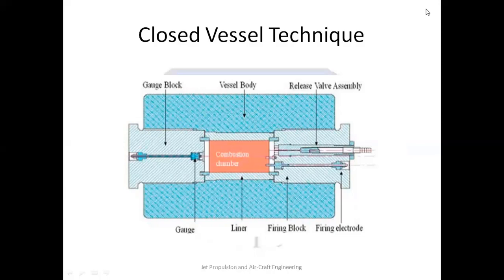The pressure is recorded as a function of time. You can see there is a firing electrode and a firing block, which is connected with the combustion chamber, and after the combustion there will be variations of the pressure, which is recorded as a function of time, and then the burning rate is calculated using the correlation.